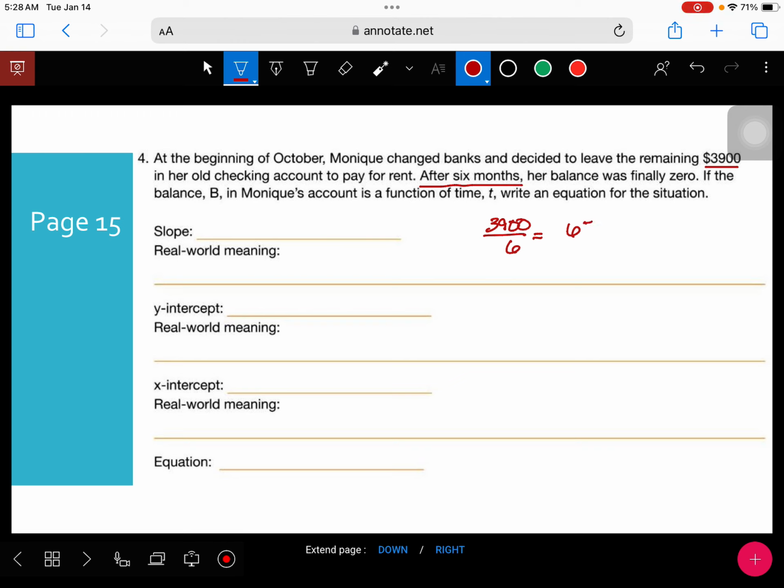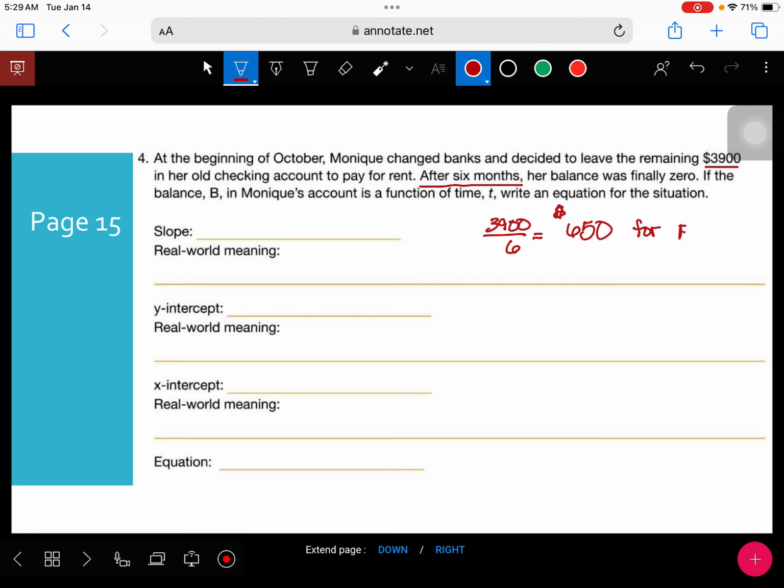Is that right? I think so. Yeah. So it looks like $3,900 over the course of 6 months means that she was putting in $650 for rent.